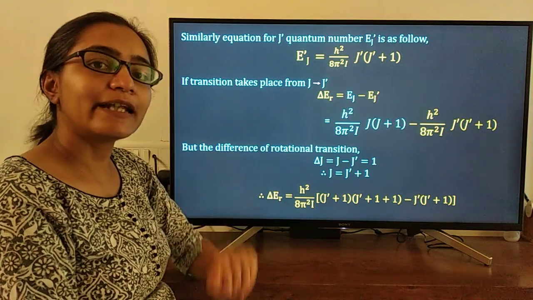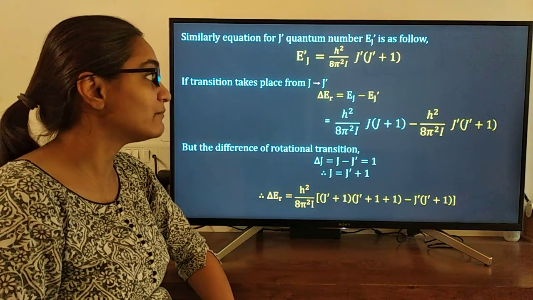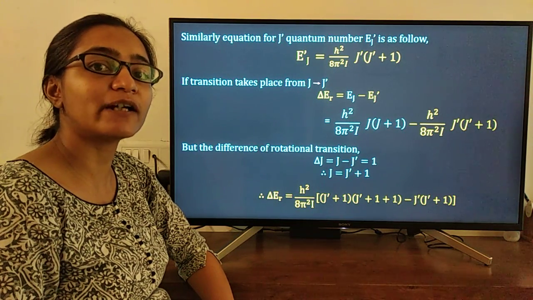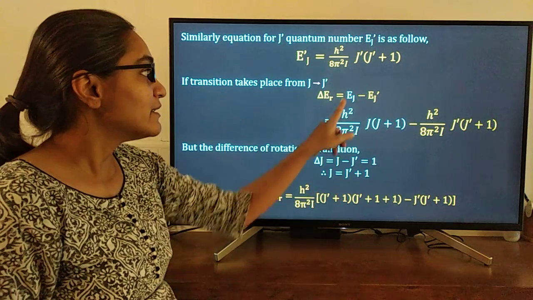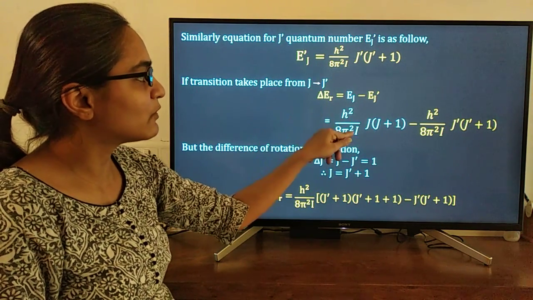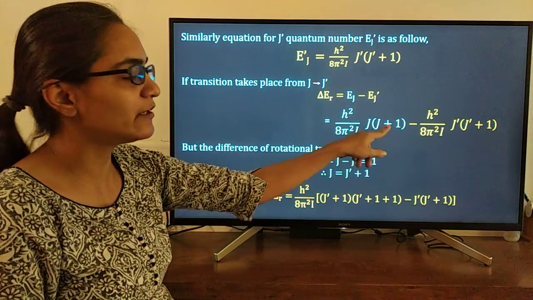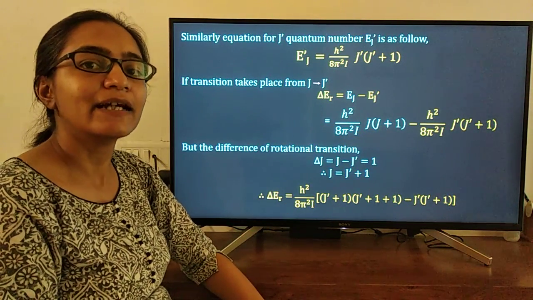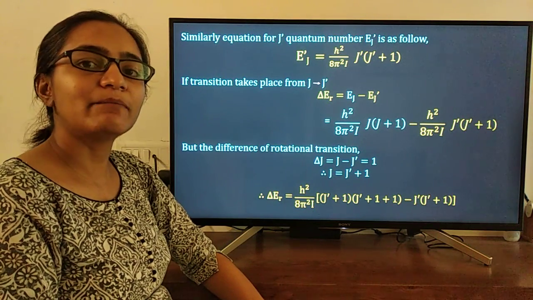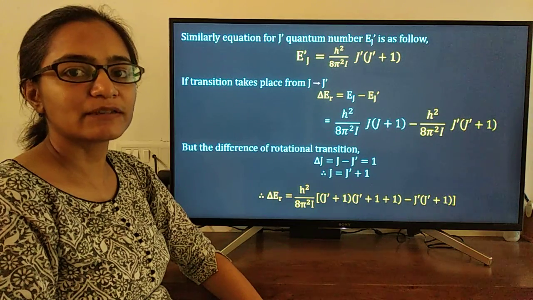If the transition takes place from J to J prime, the difference between the two energy levels is Ej minus Ej prime. Putting the value of both energies: h square upon 8 pi square I into J into J plus 1 minus h square upon 8 pi square I into J prime into J prime plus 1.